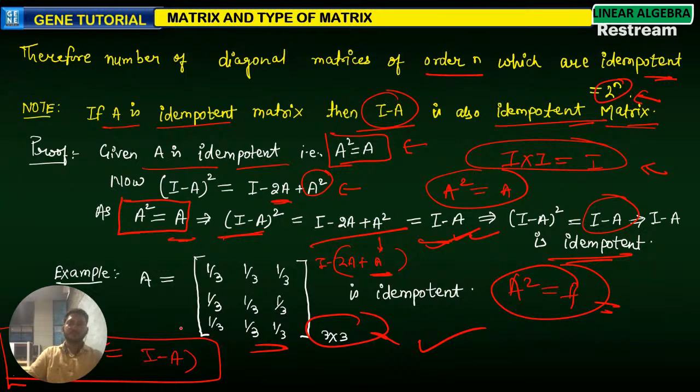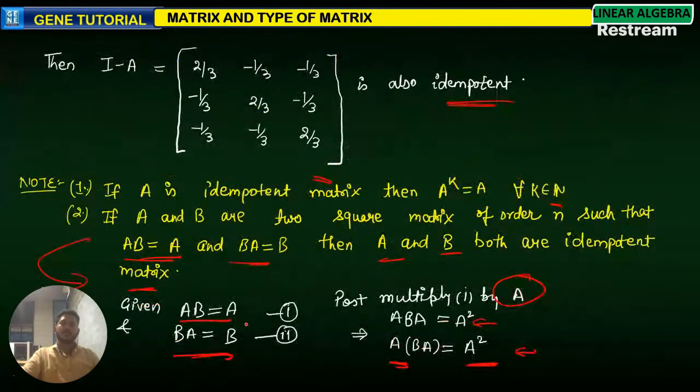Now come to the next point. Here is an example related to this. Take a matrix A with all entries 1 by 3, of order 3 cross 3, and it is idempotent. Then I minus A, when we subtract the matrix from the identity matrix, comes to this type of matrix.